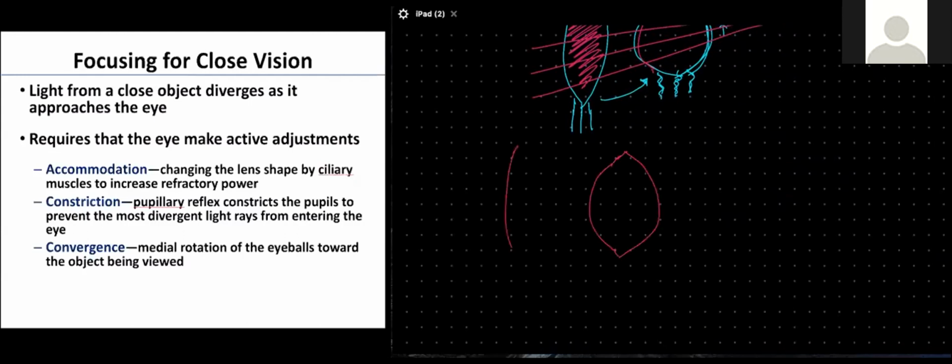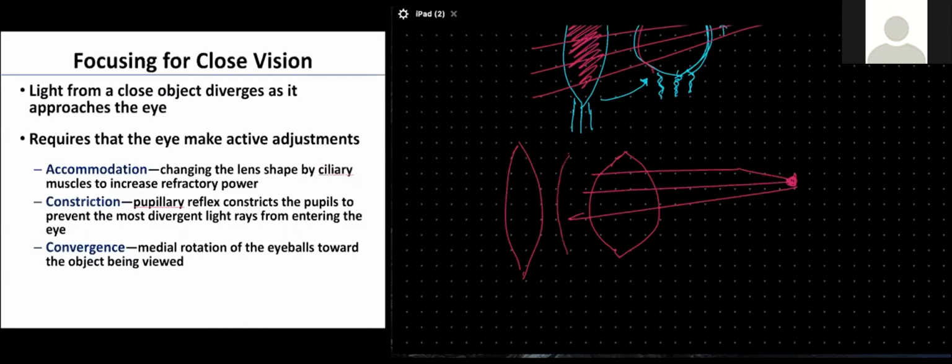It's going to remain like this. So in order to increase the convergence power, for me to focus those light rays on my retina, and for the vision to not be disturbed, what will I do? I will add a lens from outside to converge those light rays before they reach my own lens.